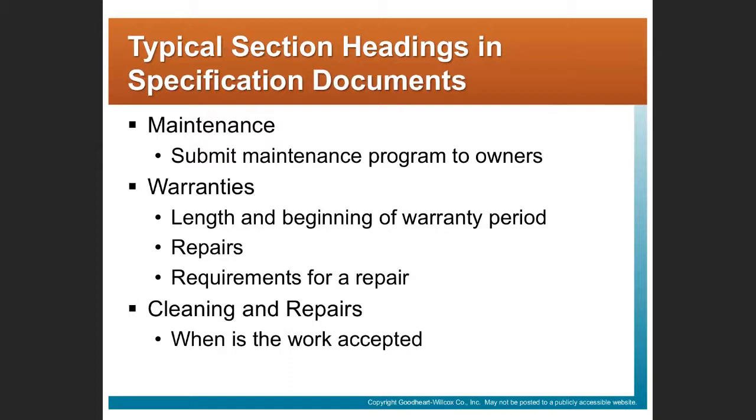If you're in Division 26, the electrical contractor, part of the specifications will say at the end of the job, you're going to submit all the operations and maintenance manuals to the owner or the owner's representative. You might have training requirements in there. You might have startup, right? If you have a piece of switchgear, it probably has some testing and startup that's required.